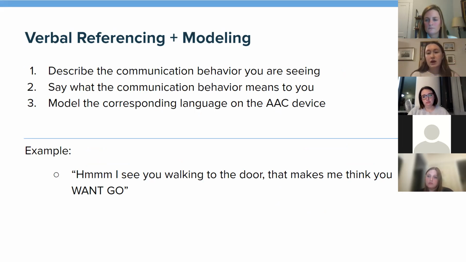So first, describing the communication behavior: I see you walking to the door. Say what it means to you: that makes me think you want go. And then modeling the corresponding language on the AAC device. For our purposes, I have it in all caps. So what you'd be modeling on the device would be WANT GO as you are verbally telling them what this communication behavior means to you.